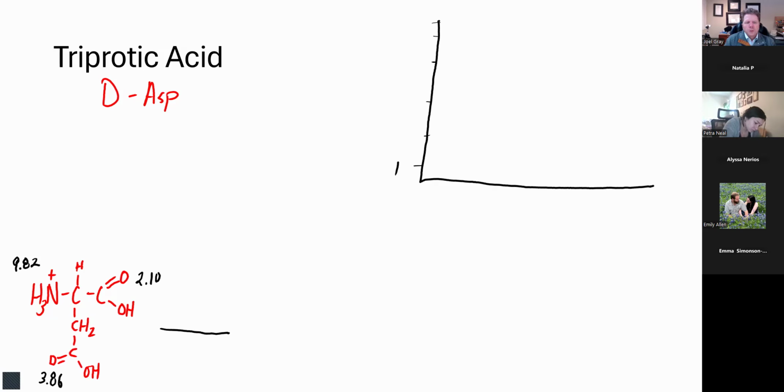I'm going to deprotonate these groups one at a time. The first group that I deprotonate is going to be my C termini because I'm going from a pH of 1 to higher. Could everyone give me a 9 in the chat if they follow that?